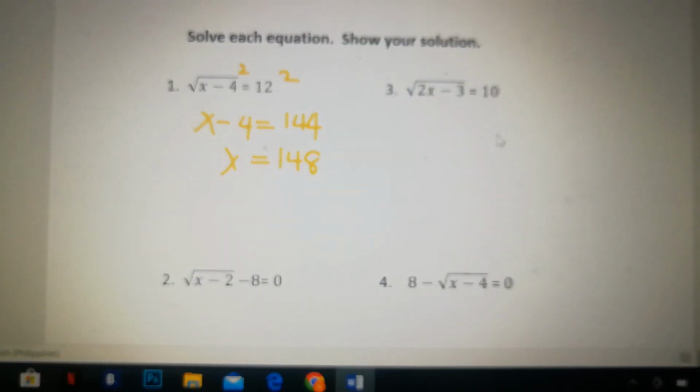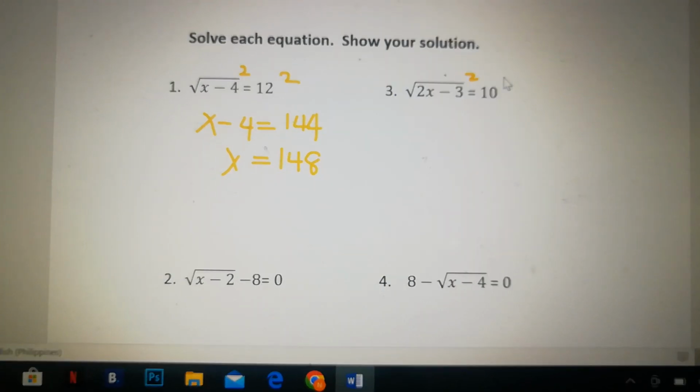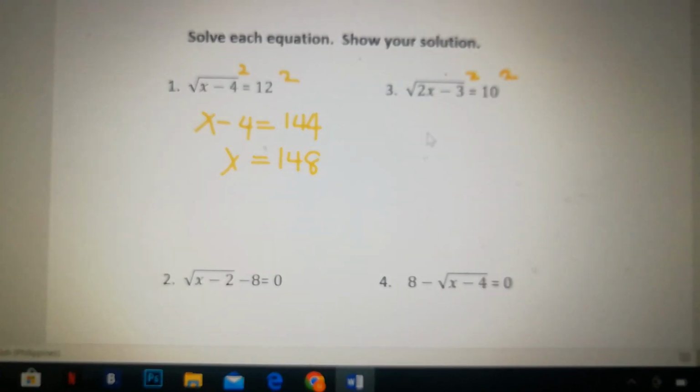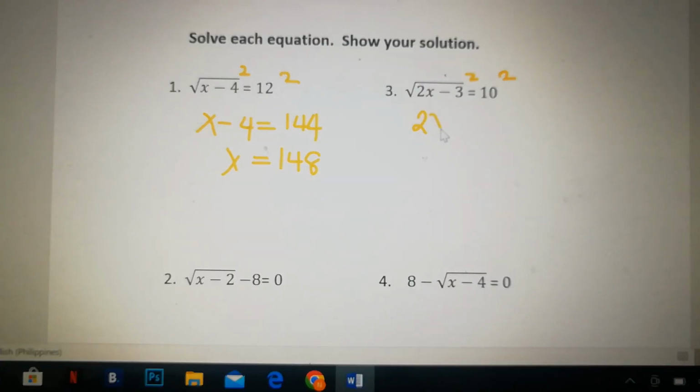Next, number 3. Square root of 2x minus 3 is equal to 10. So if you square both sides of the equation, you will just remove the radical. So 2x minus 3 is equal to 100.